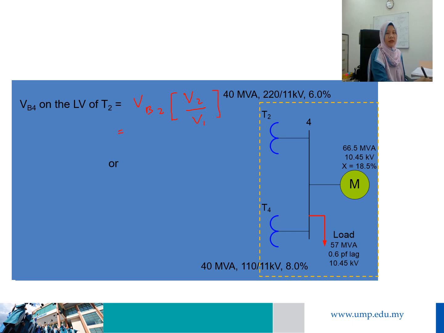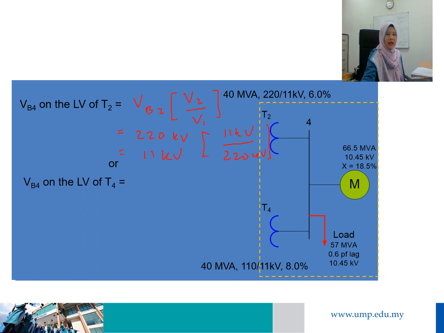So V base 2 is equal to 220 kV, multiplied by the secondary voltage of T2, which is 11 kV, and divided by the primary voltage of T2, which is 220 kV. Thus, we get the base voltage at region number 4 equal to 11 kV.